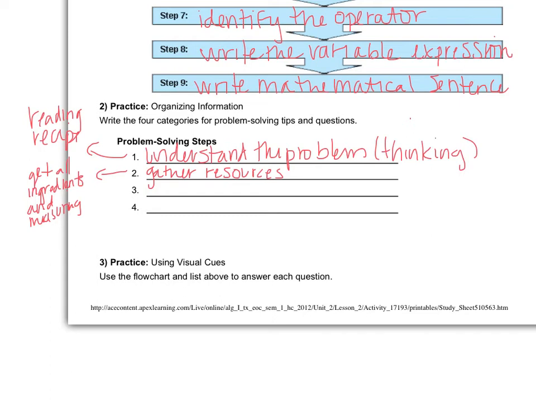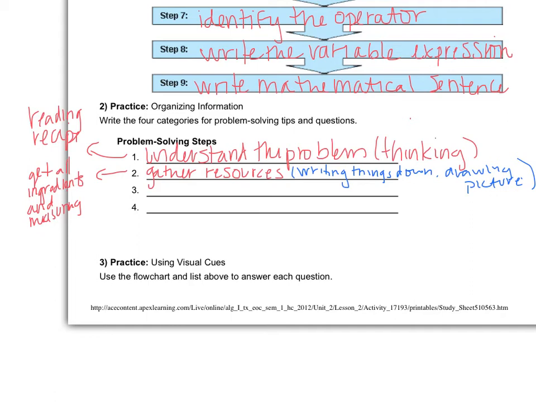Well, what that relates to as far as solving a problem, when you're gathering your resources, you're writing things down. You're drawing pictures. You're not actually solving yet. You're not mixing anything together. You're literally just writing down, you're collecting all the information that you have.